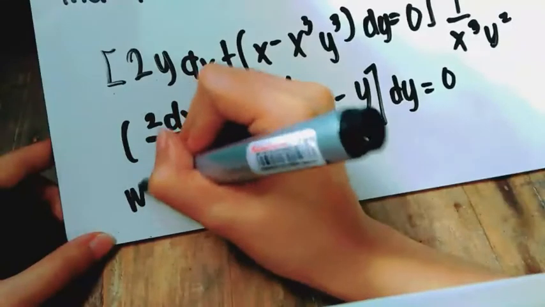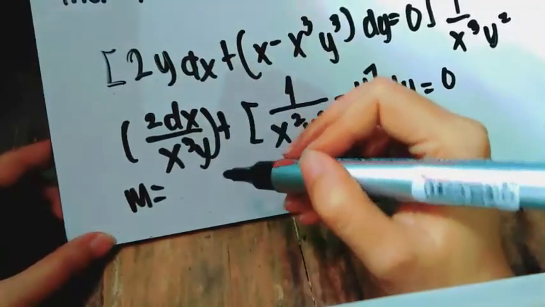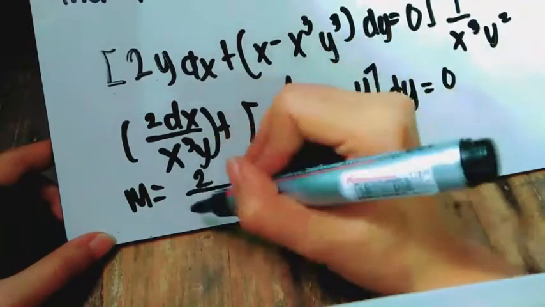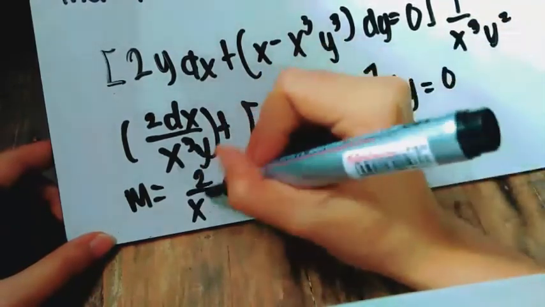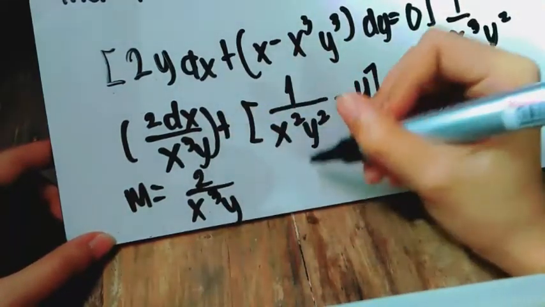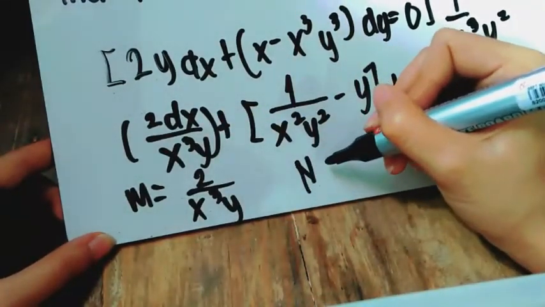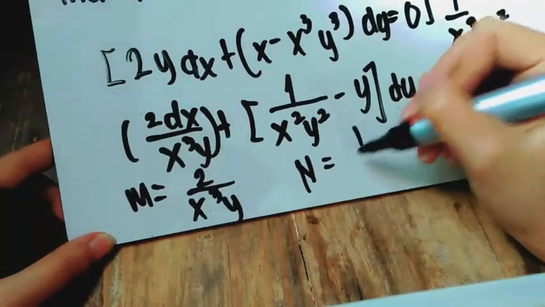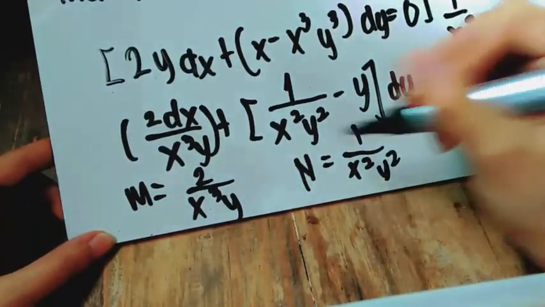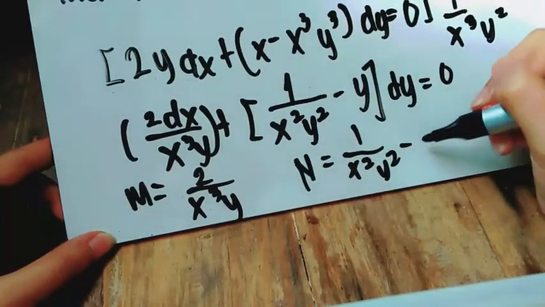Our m is 2 over x cubed y, and our n is 1 over x squared y squared minus y.